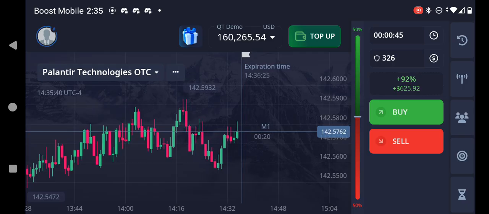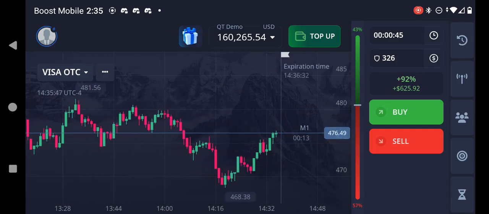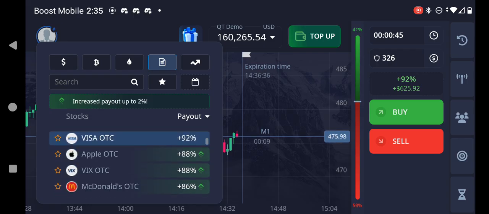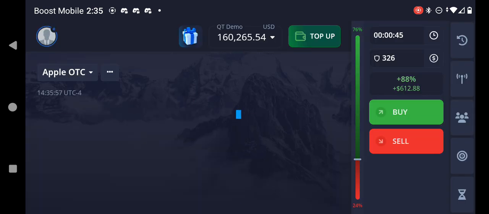Okay. This one, the candles are a little wicky. It's a lot of resistance and indecisiveness there. Candles a little bigger. Okay.